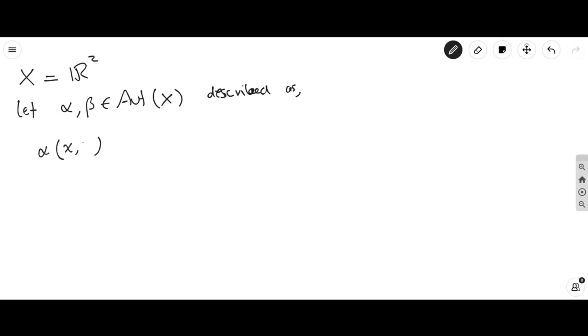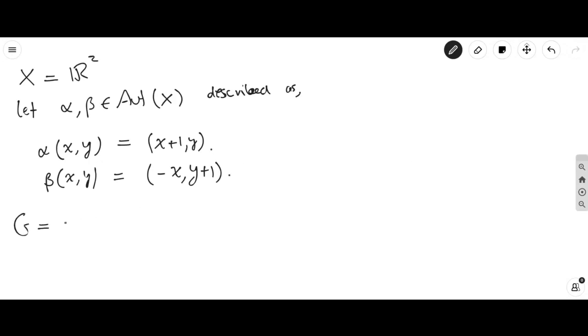We have to say what alpha does to a point in the plane, and we're just going to make this up. Alpha of (x, y) is going to be (x plus 1, y). And beta of (x, y) is going to be (negative x, y plus 1). And then G is going to be the group that's generated by alpha and beta.